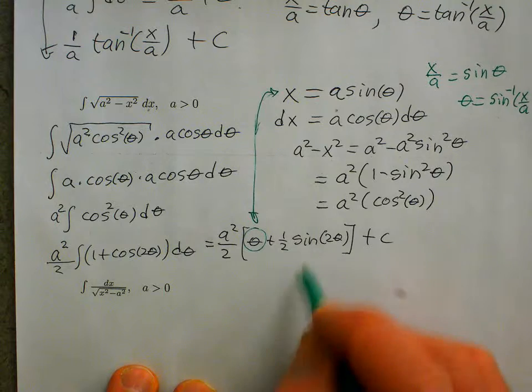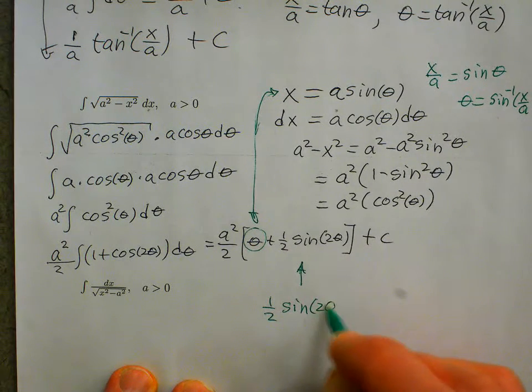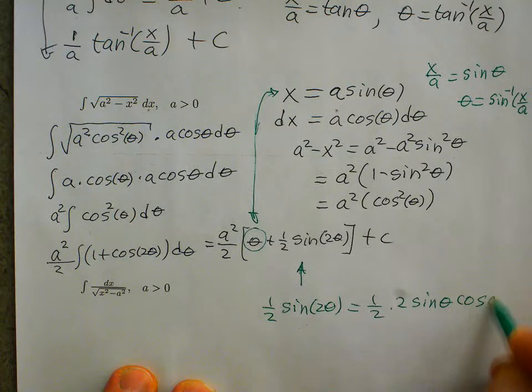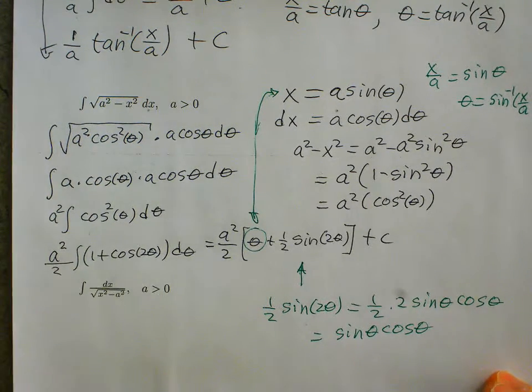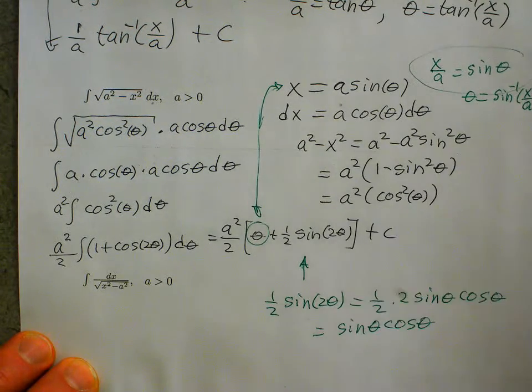So 1/2 sine of 2 theta is 1/2 times 2 sine theta cosine theta, or just sine of theta times cosine of theta. And we're using this. This will help. We know what sine of theta is. Sine of theta is x over a.